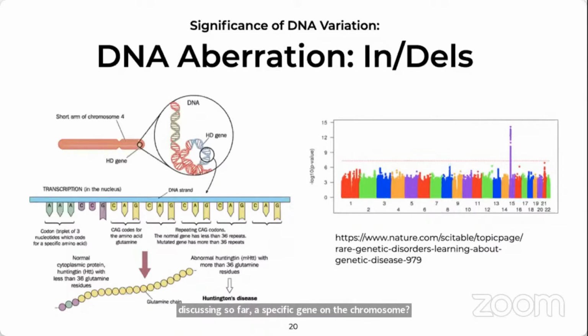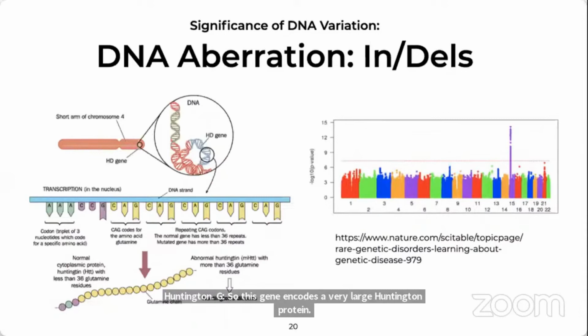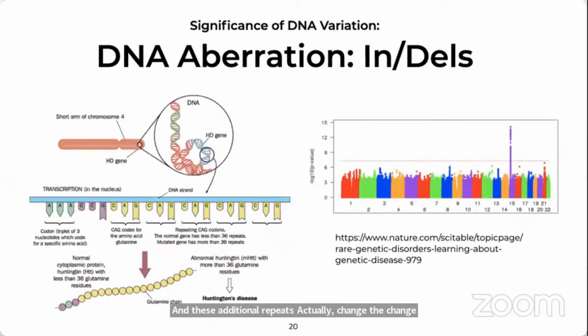This is an example of the duplication mutation that we touched upon earlier, where the CAG codon is duplicated multiple times in the HTT or Huntington gene. This gene encodes a very large Huntington protein, and these additional repeats change the structure of the protein completely, resulting in progressive movement disorder, dementia, behavior abnormalities, etc.